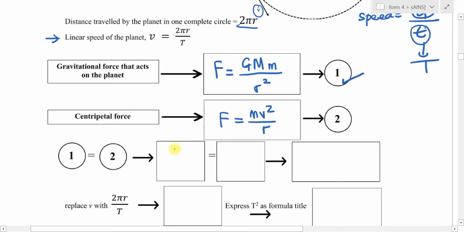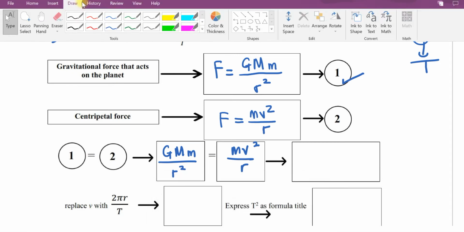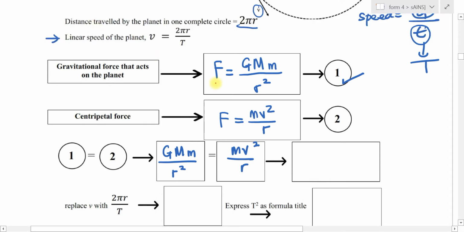Okay, sekarang kamu boleh nampak equation 1 pun F, equation 2 pun F kan. Jadi, G M m over R square should be equal to M V square over R. Kenapa macam tu pula? Sebab dua-dua pun F. Your gravity is equal to centripetal force. Remember that. Okay? So, when you equate like this, any common point you can cut them off.